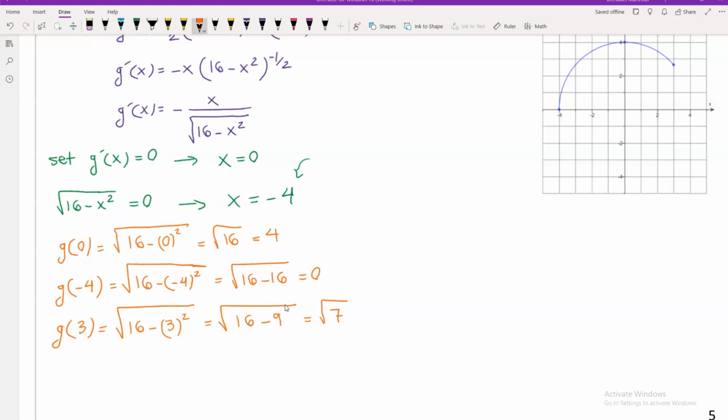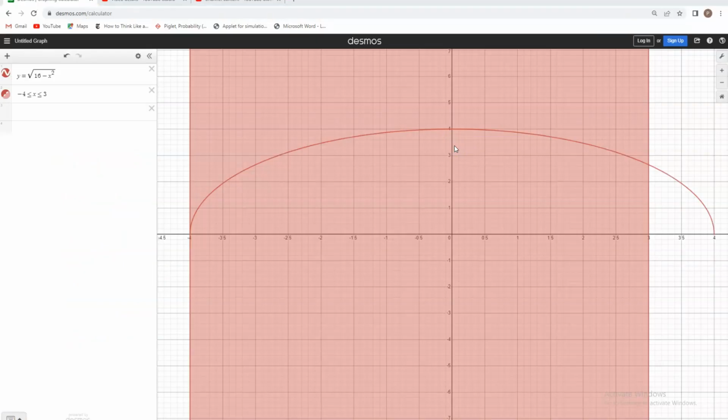Now we have to find the absolute maximum and absolute minimum based on what we have here. So the smallest number that we have is 0, so that is the absolute minimum. And the largest number that we have here is +4, so that is the absolute maximum. So here on this part we have the graph for the square root of 16 minus x squared.